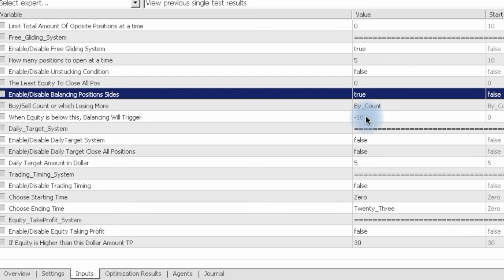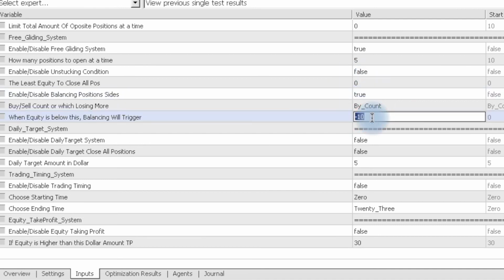So $10 means 100 if I have 0.1 lot size. So if my equity, basically equity means all positions together. So I might have 2 winning positions and 3 losing positions, but at the end my equity is losing $100. Then this system will kick in, the balancing system.